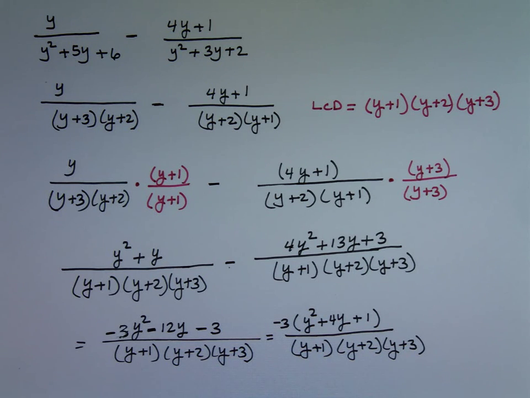And I can't really factor this one, the top. There's no way I can take the 1, break it down to get a 4 here. So that's as far as I can go with it. One more.